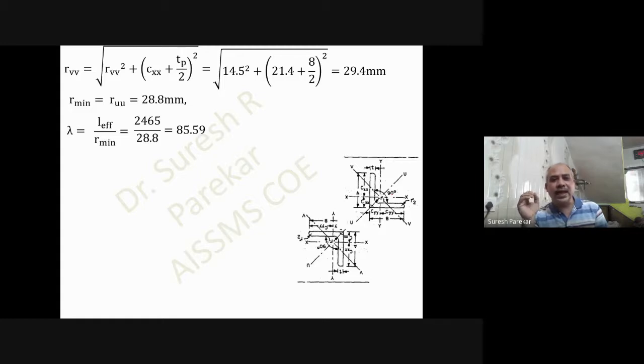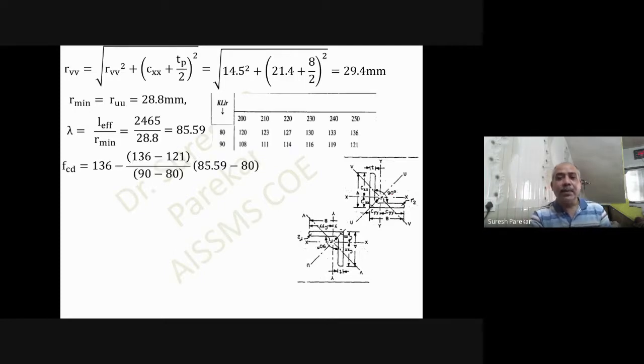Now using this RUU as minimum, I can calculate the value of lambda, which I will get as 85.59, and then by using this lambda and table 9C, we are in a position to calculate the value of FCD. We got this value of FCD, which will be 127.62 MPa.